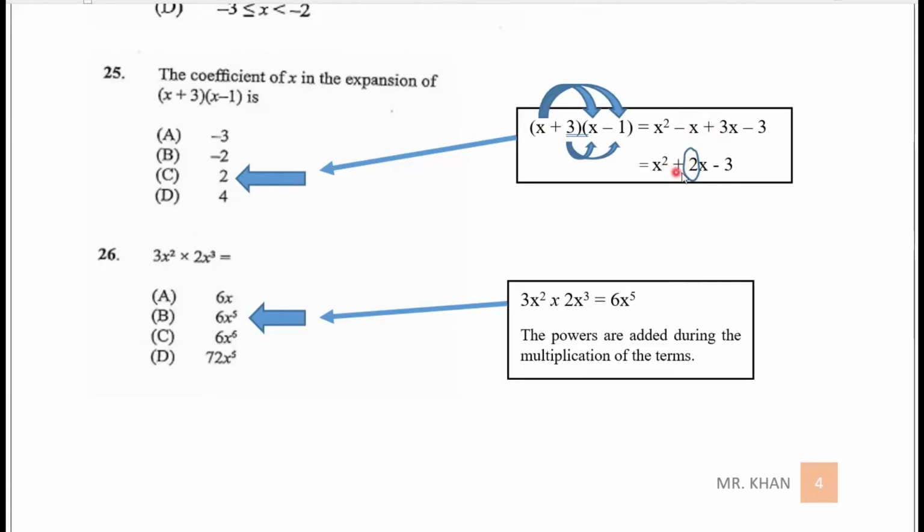So it'll be x squared plus 2x minus 3. They ask for the coefficient of x. That's the value in front of x. That'll be 2. So that's C.